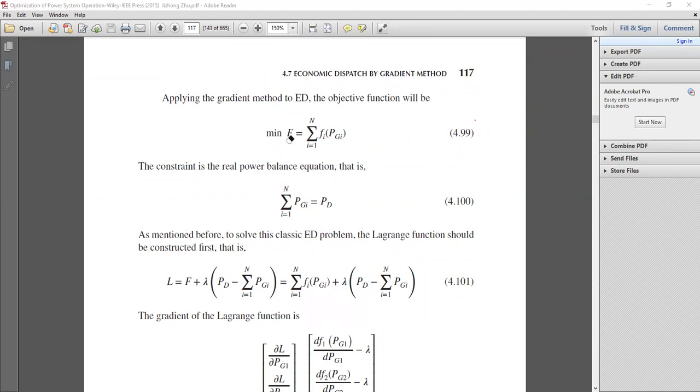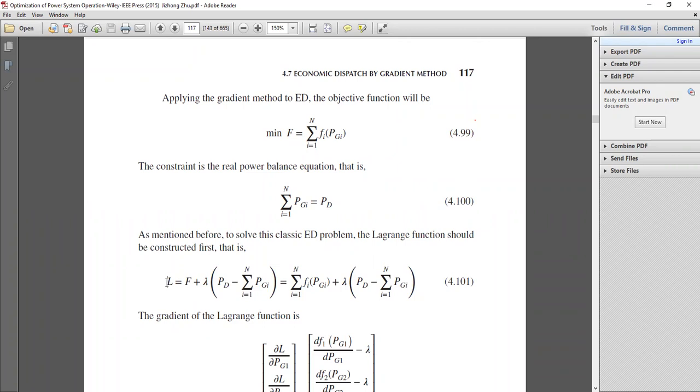Our target is to minimize that total fuel cost. Because it is a constrained optimization problem with only the equality constraint to be satisfied, we can combine these two equations, that is our original fitness function from equation 4.99 and the equality constraint from equation 4.100, with the help of the Lagrange multiplier.